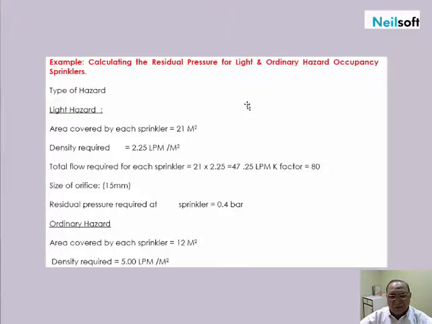Having its orifice factor or orifice size already explained, that is calculated with these equations.